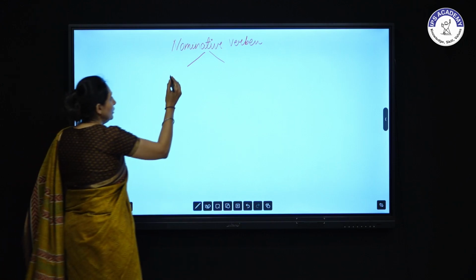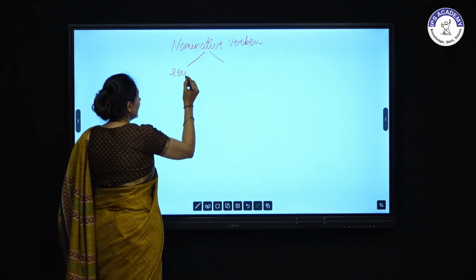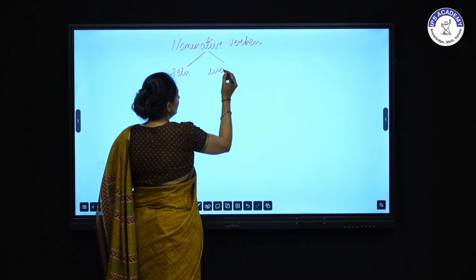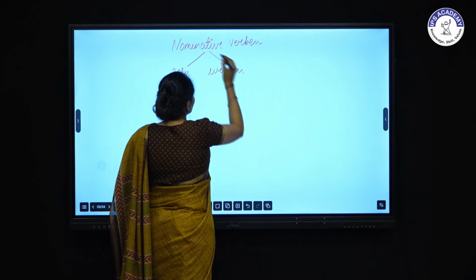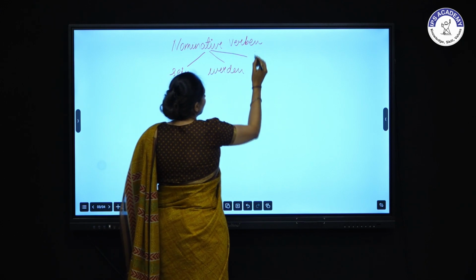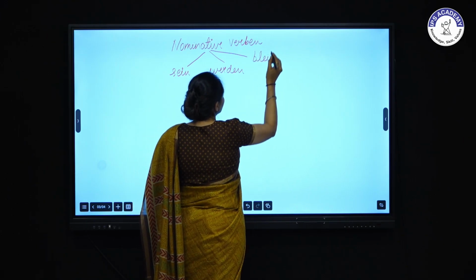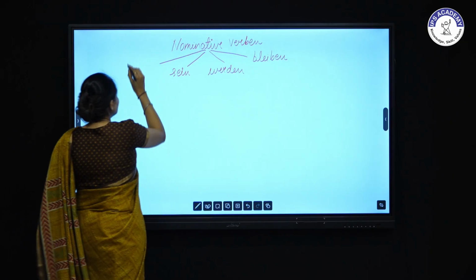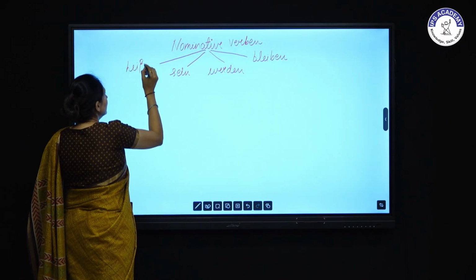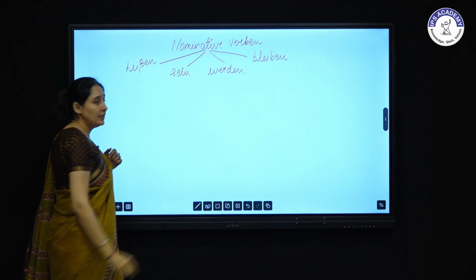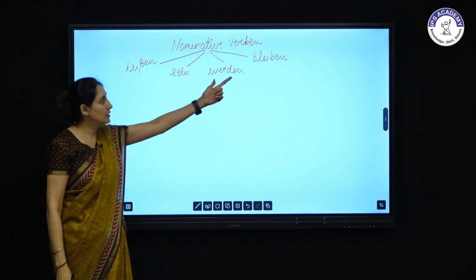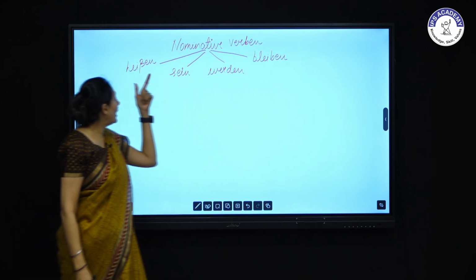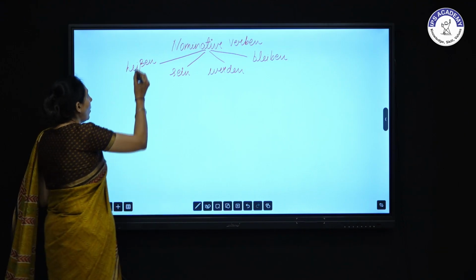We have sein, werden, bleiben, and heißen. Sein is to be, werden is to become, bleiben is to stay, and heißen is to be called.